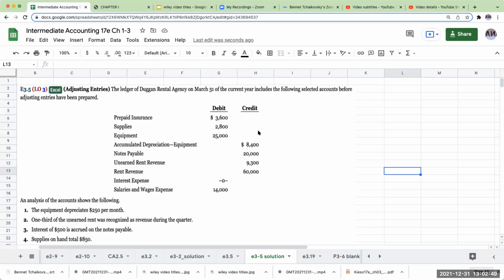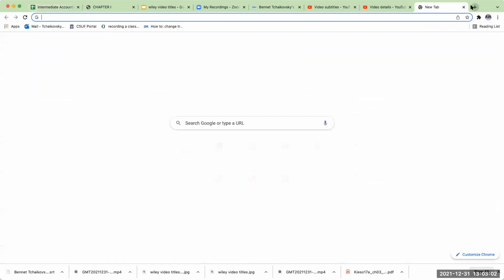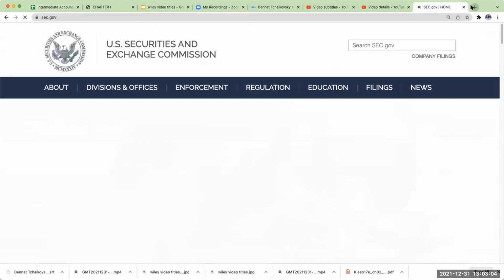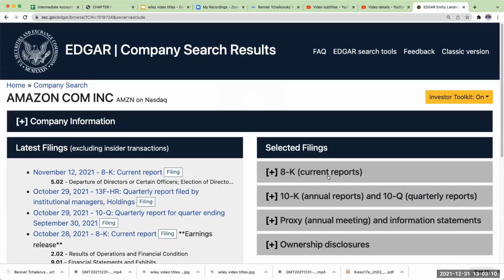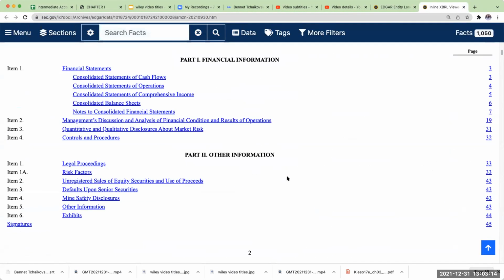Okay, so this is for the quarter. And what a quarter is, it's going to be 3 months, right? So, if you've ever seen a publicly traded company report, to look at one, if I go to sec.gov and type in Amazon, I can look over here at a Q. What is a Q?